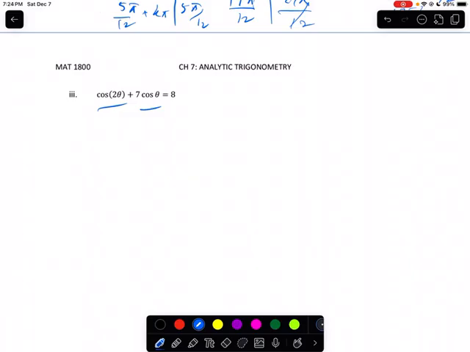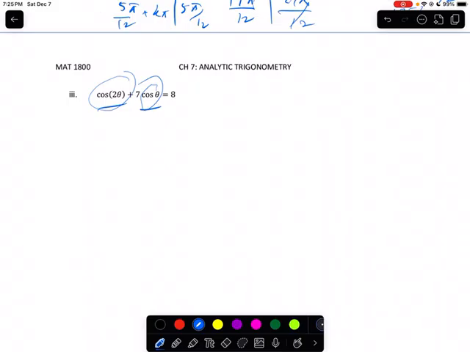Well, our only chance is to rewrite cosine of 2 theta in some other form. The reason is that for cosine of theta, we have fewer options to change. We cannot change cosine theta; there is no identity for that. The identity, if there is one, is for cosine squared theta, not for cosine theta.